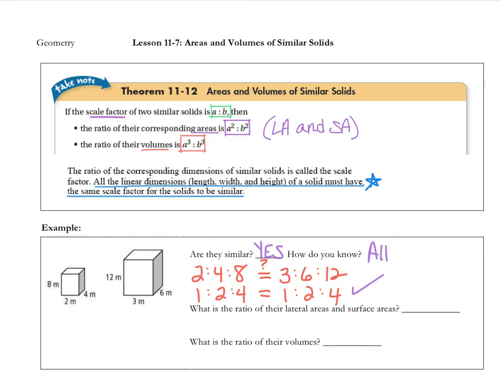All three dimensions are proportional. Okay, ratio of their lateral areas and surface areas. The scale factor is 2 to 3.